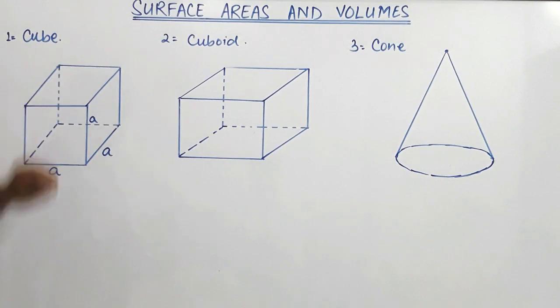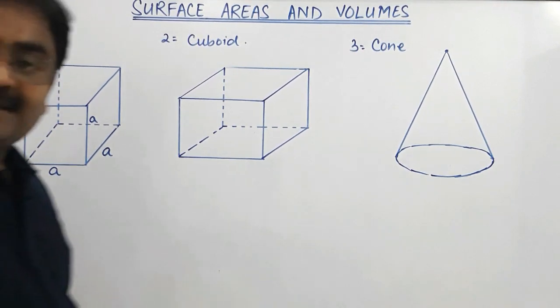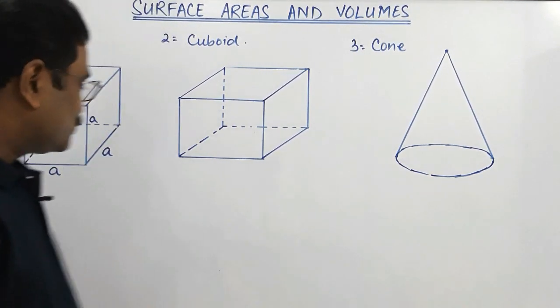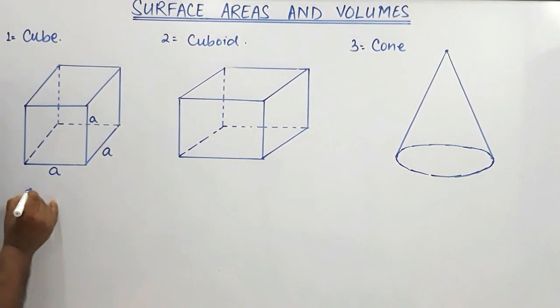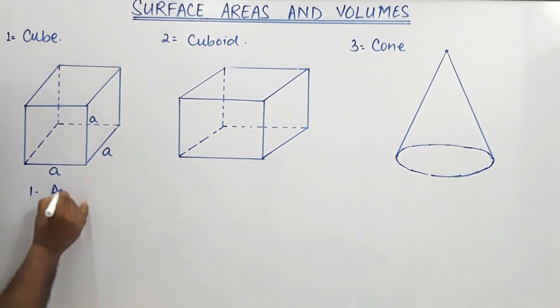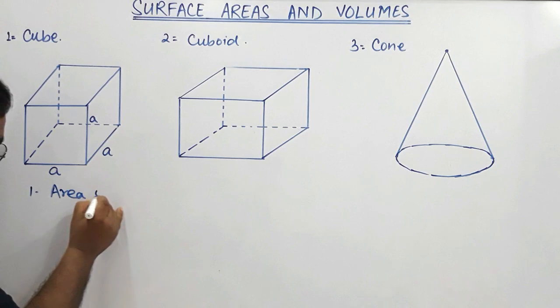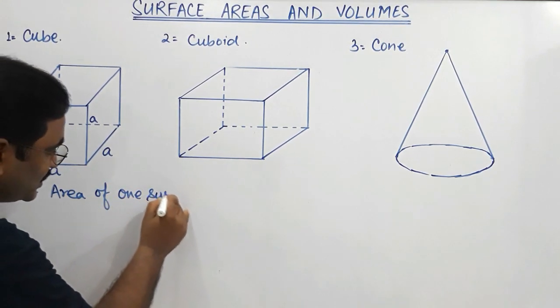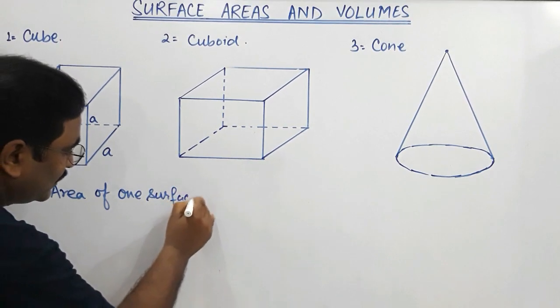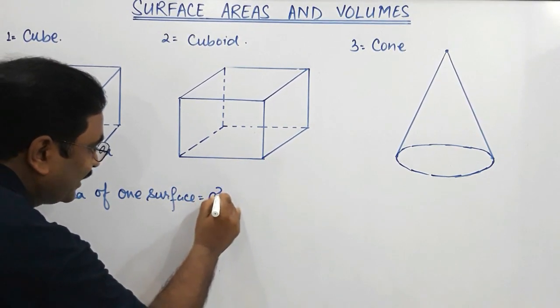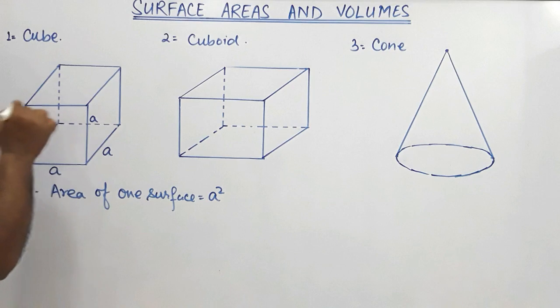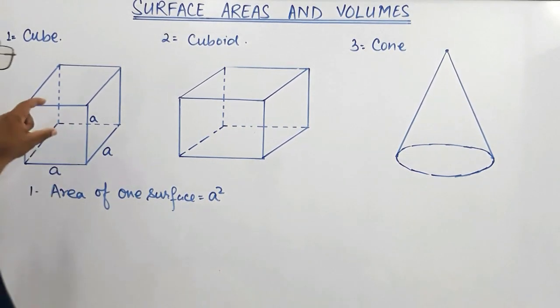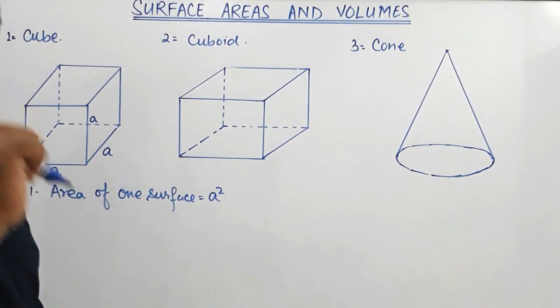The surface area, as you know, in this solid there are 6 surfaces. So the area of one surface equals A square, because this surface looks like a square and the area of a square is side square.